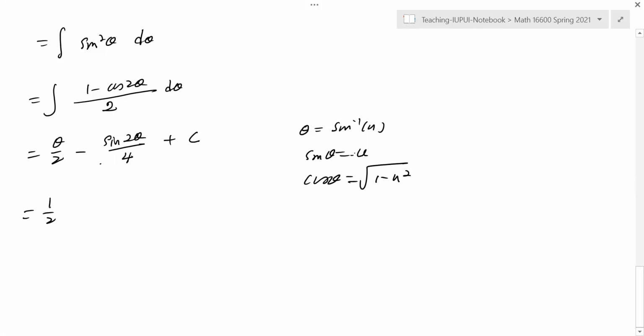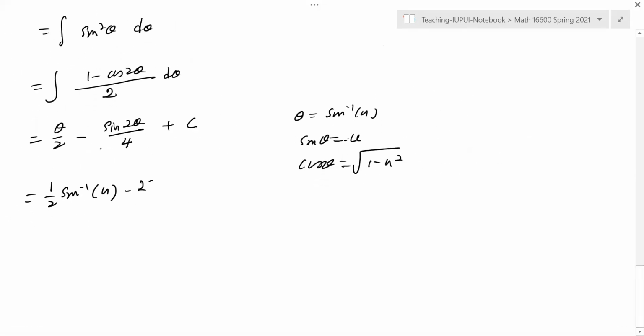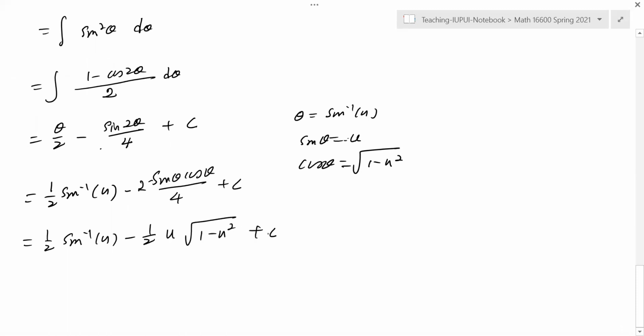So sine 2 theta is going to be 2 sine theta cosine theta, divided by 4. Okay, so sine theta is u, cosine theta is the square root of 1 minus u squared. Okay, this is how we get to the formula given in the back side of the book, called the table of integrals.